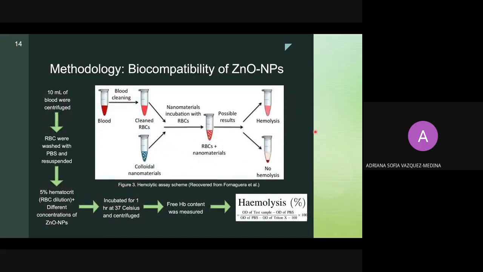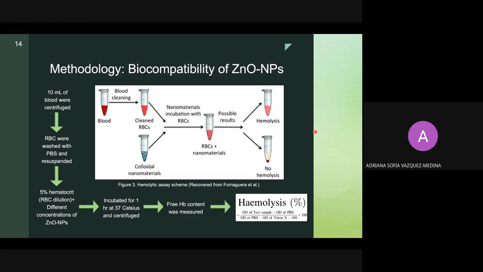For the biocompatibility of the zinc oxide nanoparticles, they performed a hemolytic assay on red blood cells. Figure 3 shows an overall scheme of the hemolytic assay, and it was recovered from previous literature. But to explain what they did exactly in this paper, they centrifuged 10 milliliters of blood from healthy volunteers.